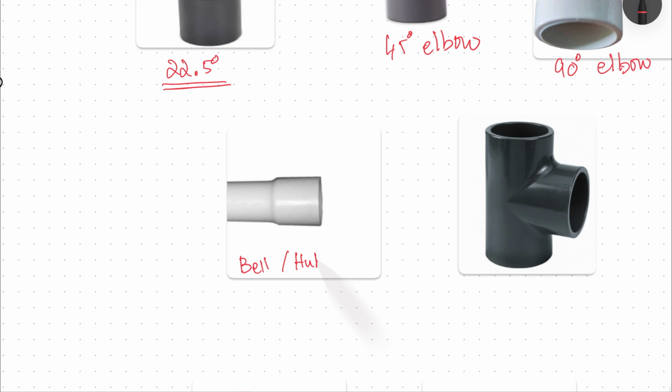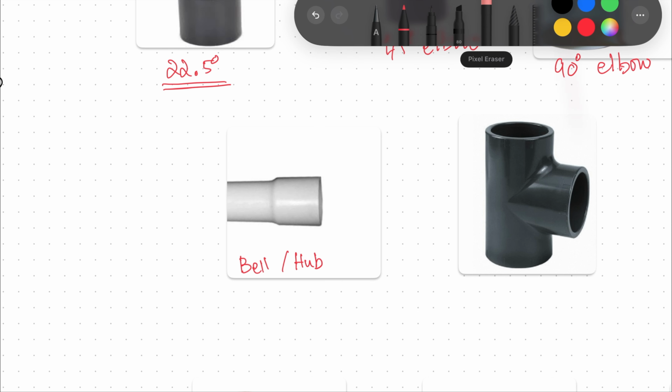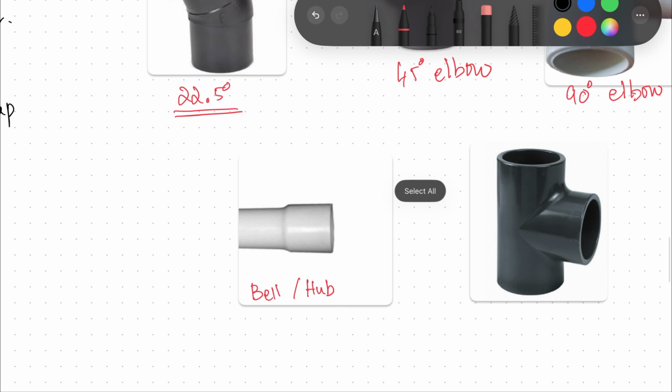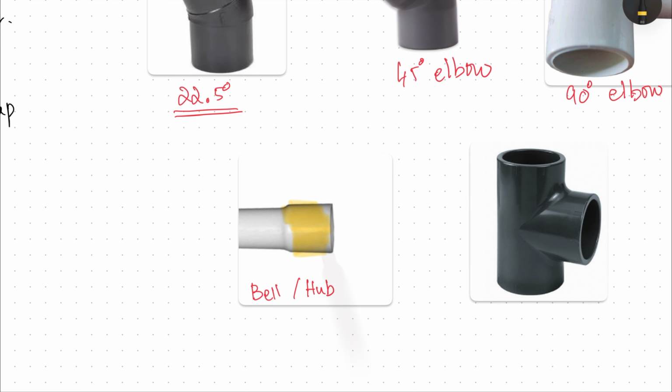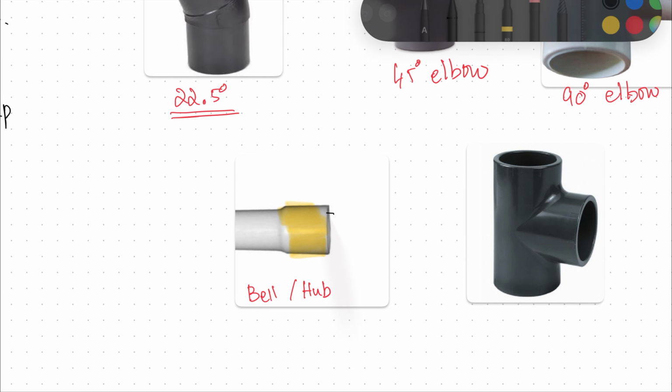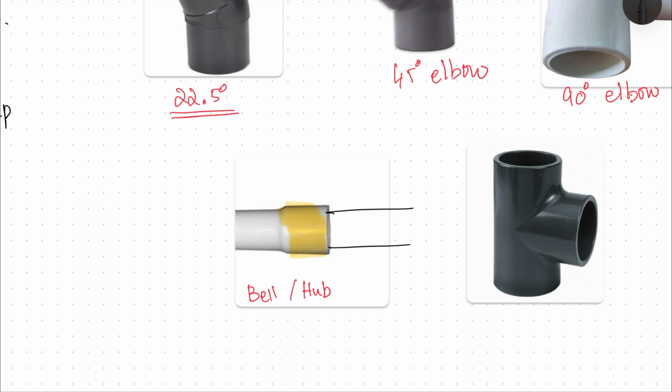This happens when the lower end of the female pipe is widened so that the male pipe can fit into it. You can see this portion of the female pipe is widened so that a male pipe can fit into it. That's called a bell or hub.